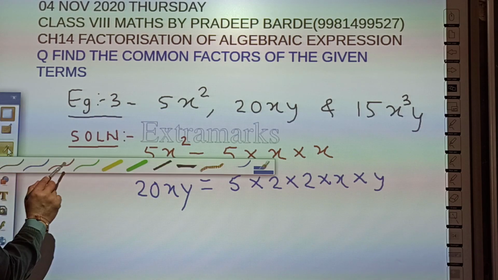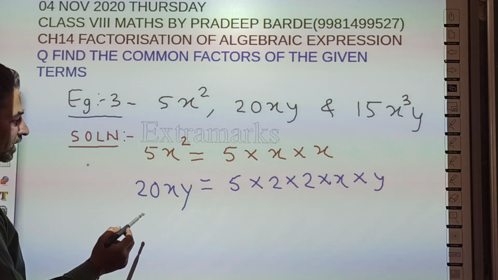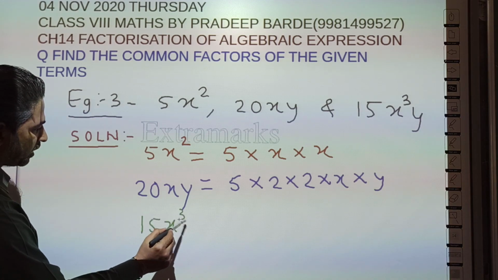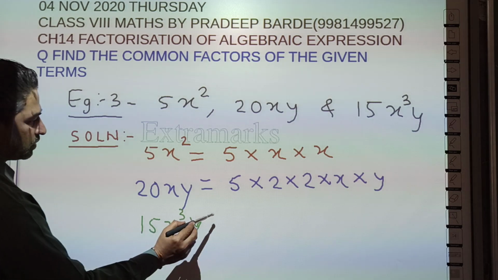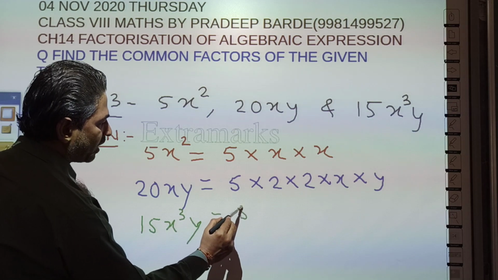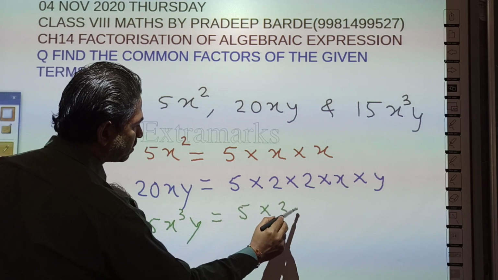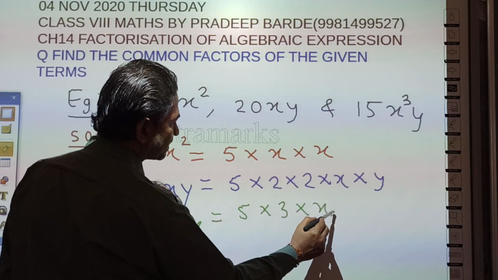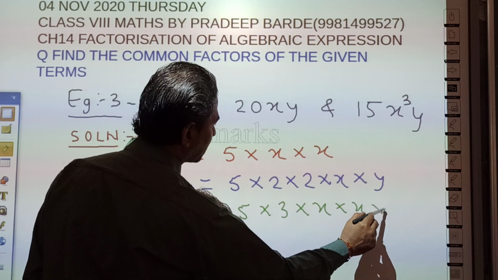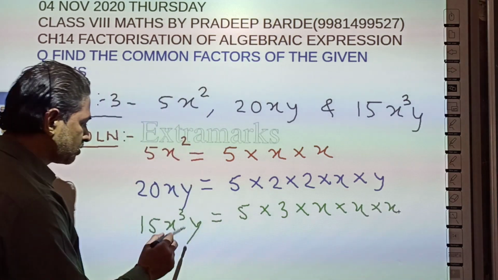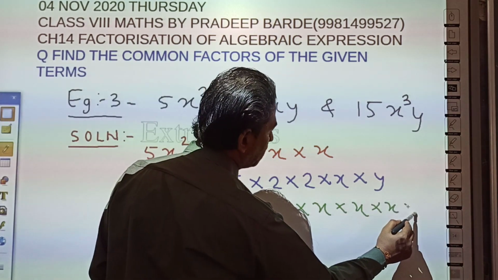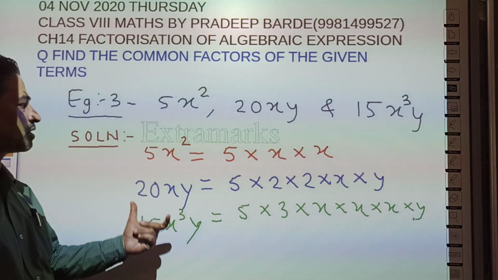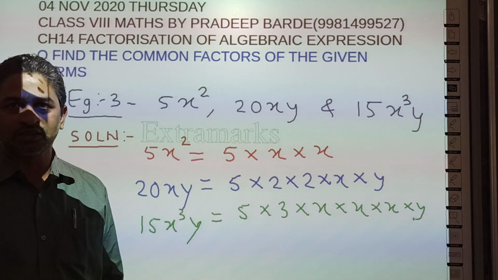Third term is 15x cube y. So this can be written as 5 into 3 into x cube, so it is x into x into x, into y. So we have written these terms in the form of factors.